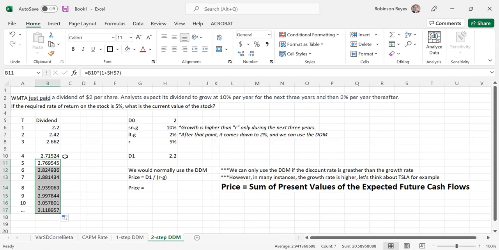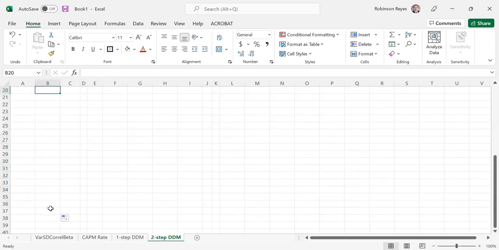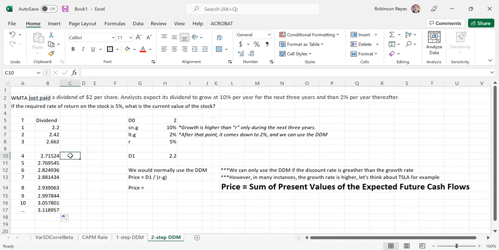We will get the present value. If we get the present value of all of these cash flows moving forward for the foreseeable future, we would get the price resulting from this long-term component, let's call it like that, of the valuation of this stock.